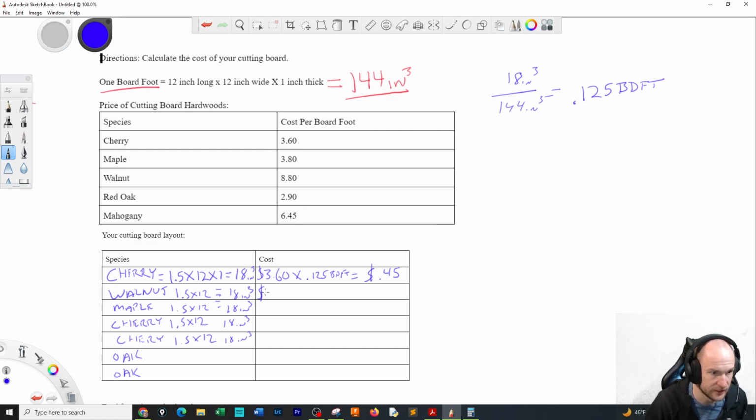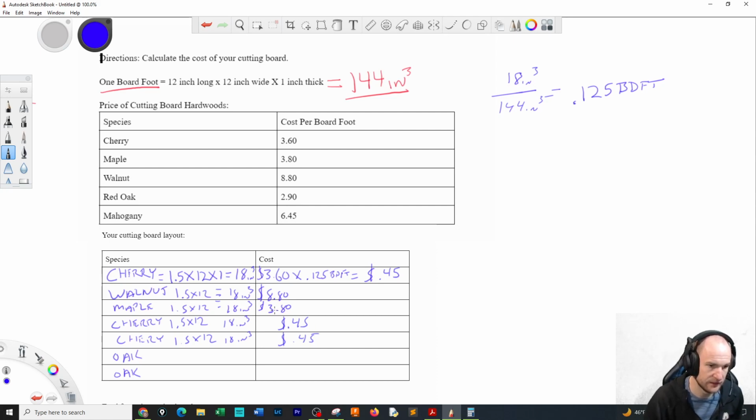So for walnut, that would be $8.80. For maple, I'm sorry, it would be $3.80. We already did the cherry, so the cherry we already know without doing any calculations is 45 cents.